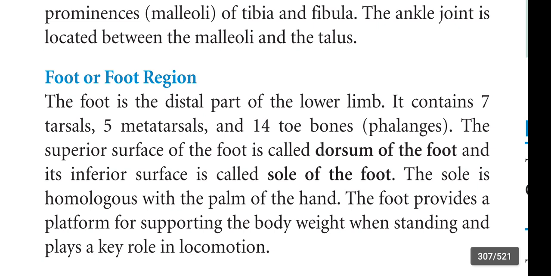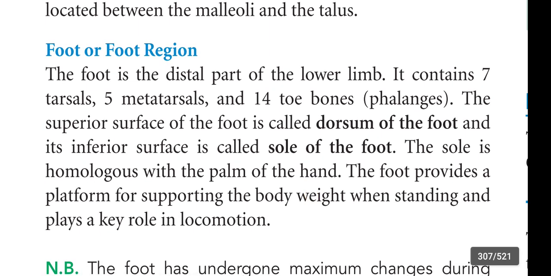The superior surface of the foot is called the dorsum of the foot and the inferior surface is called the sole of the foot. The sole is homologous with the palm of the hand. The foot provides a platform for supporting the body weight when standing and plays a key role in locomotion.